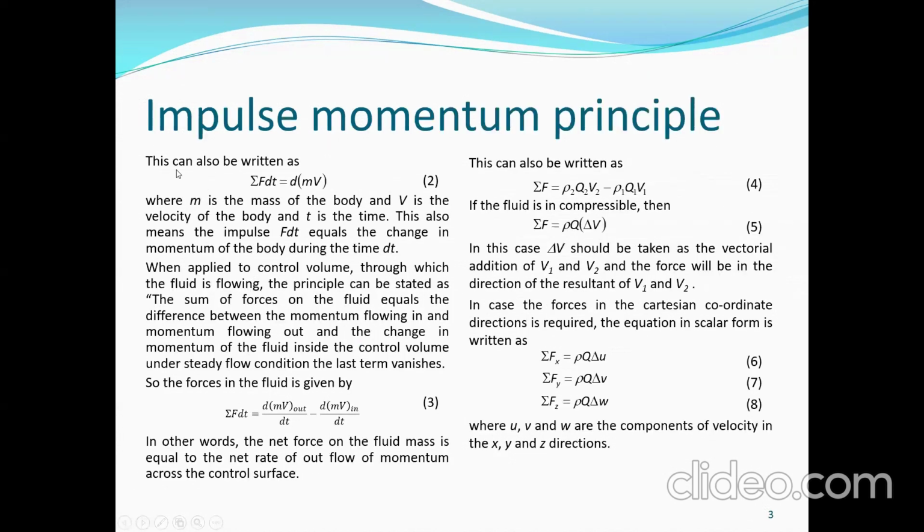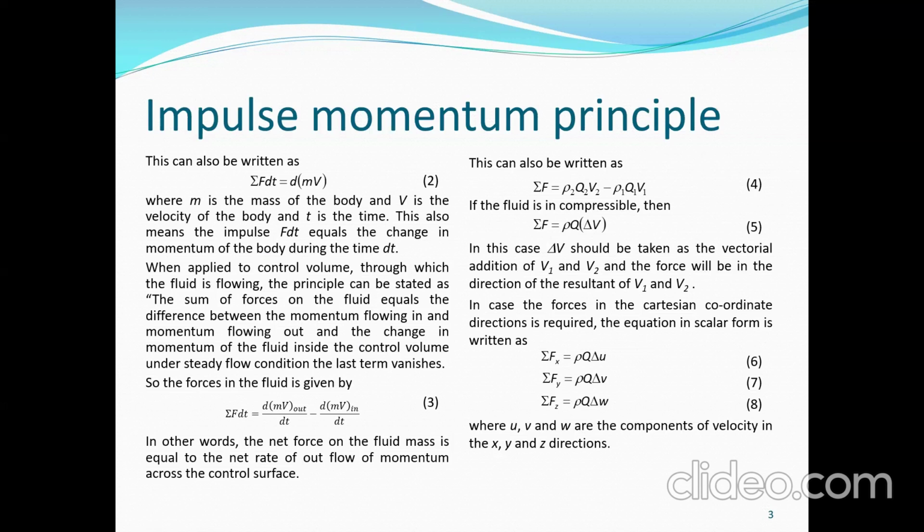This can also be written as the summation of F dt is equal to the derivative of mv, where m is the mass of the body, v is the velocity of the body, and t is the time. Note, the mass is in kilograms. This also means that the impulse F delta t equals the change in momentum of the body during the time delta t.